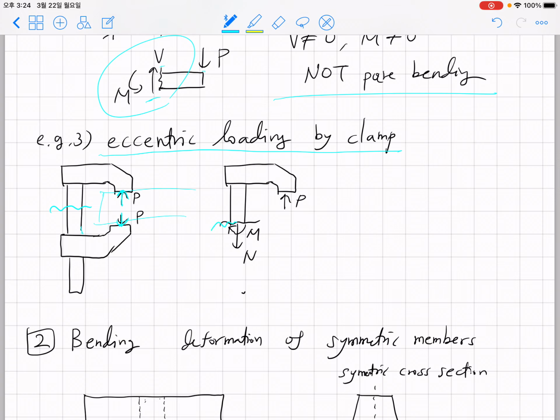Okay, so this is the imaginary cut that I make in the figure on the left, and you have an upward external force, and to make a force balance with this upward force, you need a downward force. And here, because your imaginary cut is a horizontal cut, you need N to make a force balance.